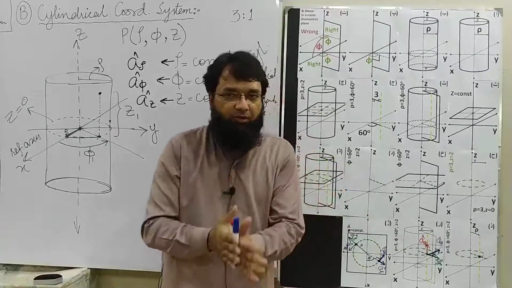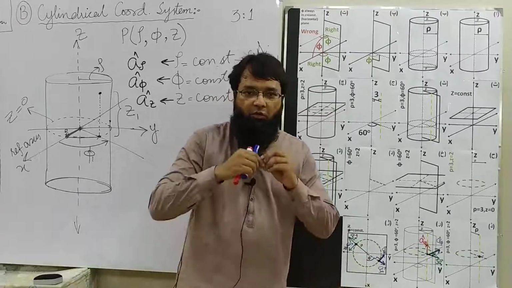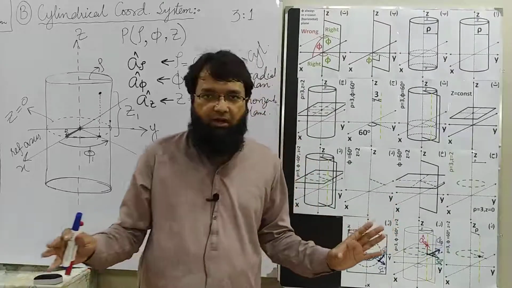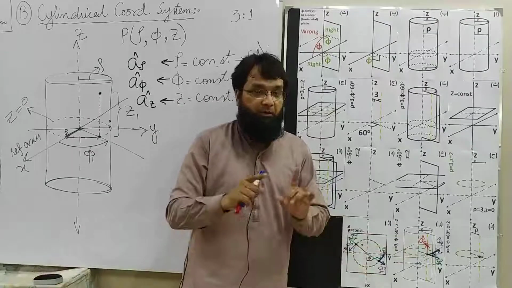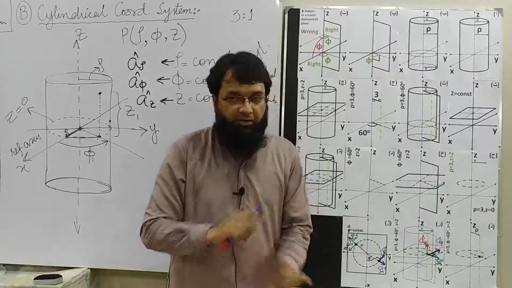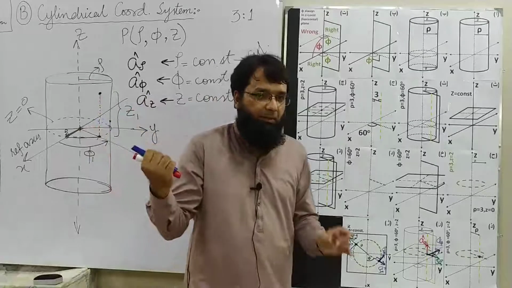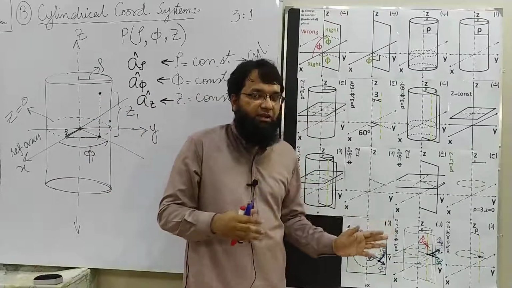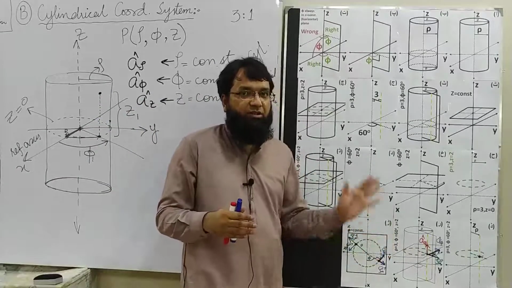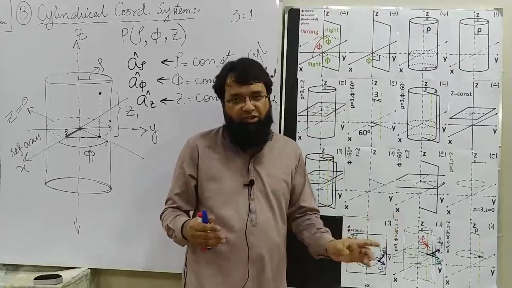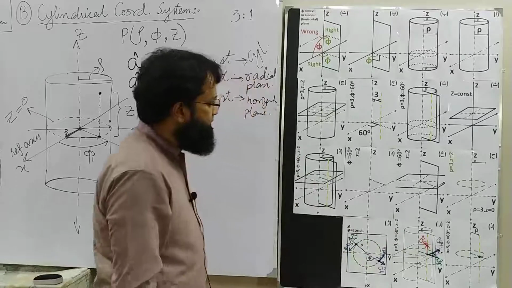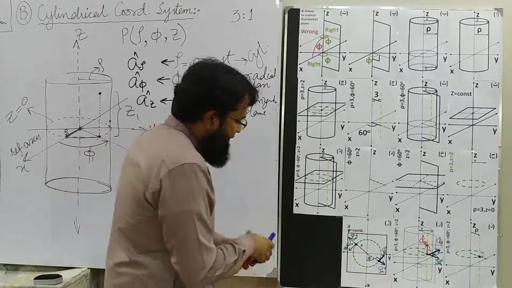Luckily, in the Cartesian coordinate system, this was not the case. Wherever you stand in the three-dimensional Cartesian coordinate system, the unit vectors always point in one direction. But now remember, in the cylindrical coordinate system and also in the next topic, the spherical coordinate system, the direction always changes. The direction of rho and phi may change, not always, depending on the point at which you are standing.